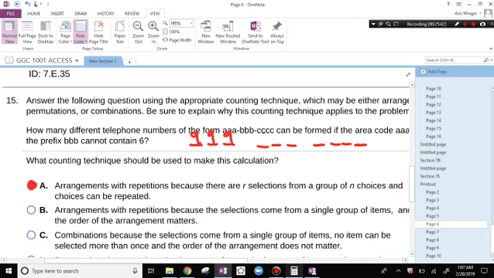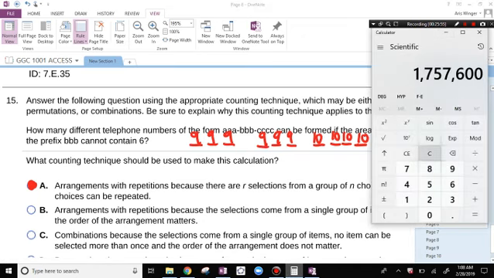And I only have 9 choices for the second 3 because I can't have the number 6 in any of them for whatever reason. And then I have 10 choices for the rest of them, right? So I just need to figure out what that number is. And that number is going to be huge. I don't know if that number is going to be able to be put in this calculator. 9 times 9 times 9 times 9. As a matter of fact, let me just do 9 to the 6, so 9 raised to the 6th power.